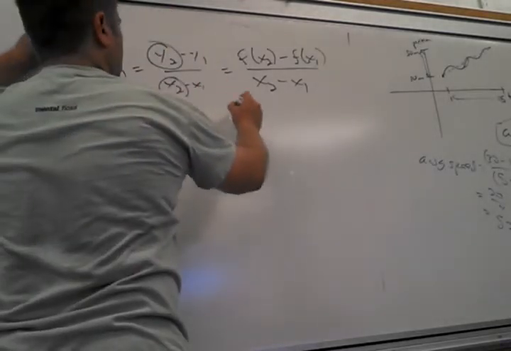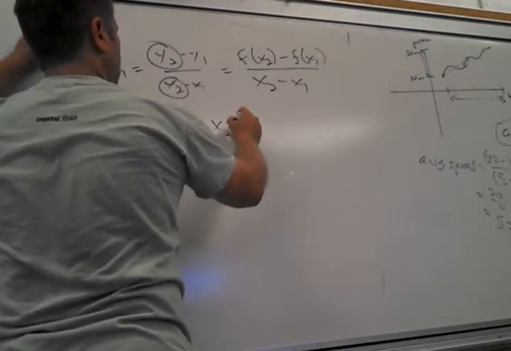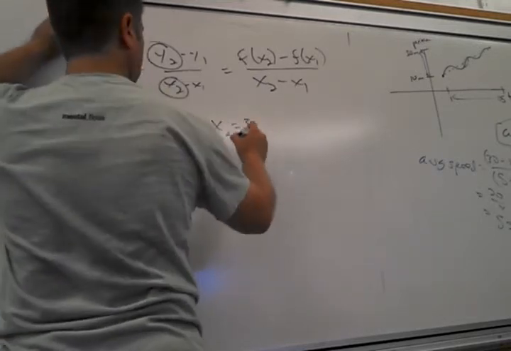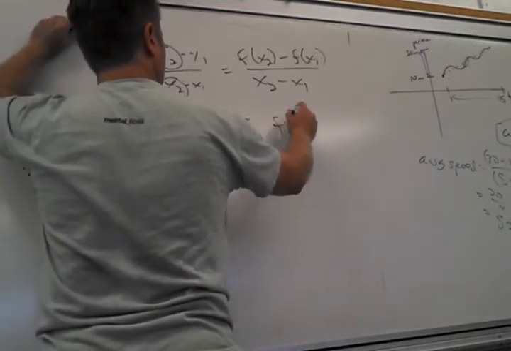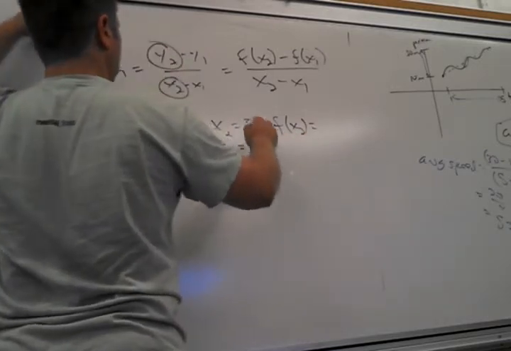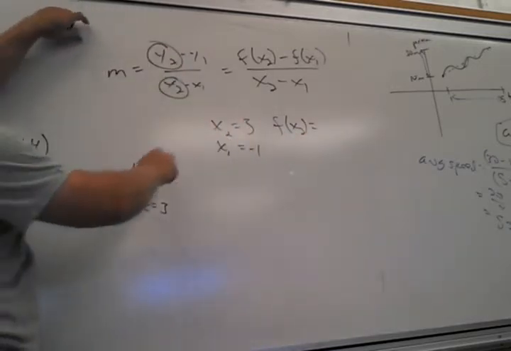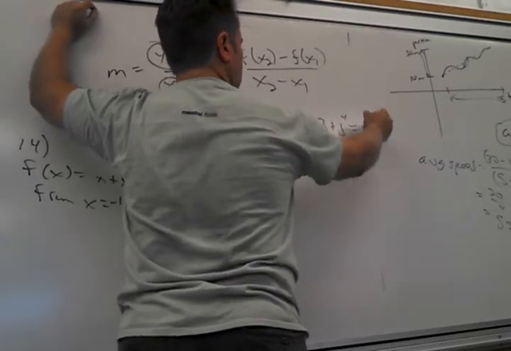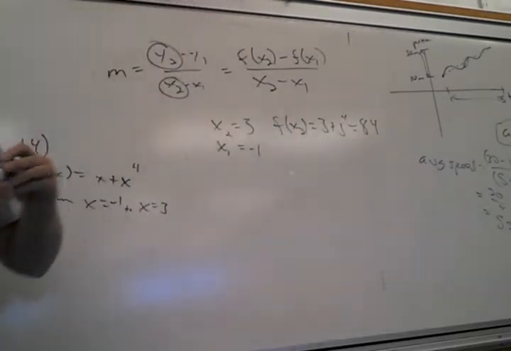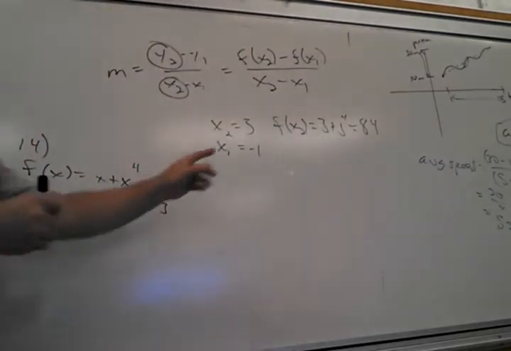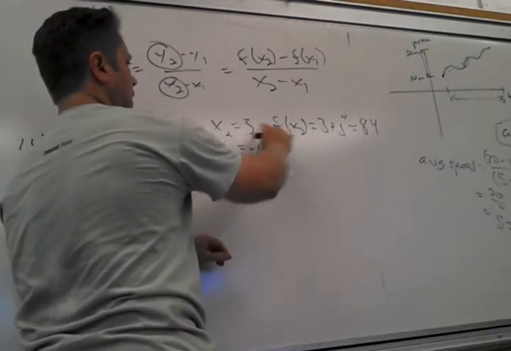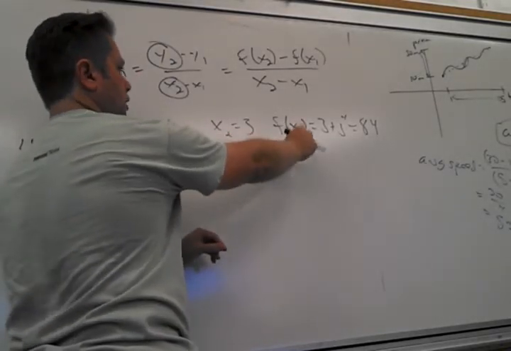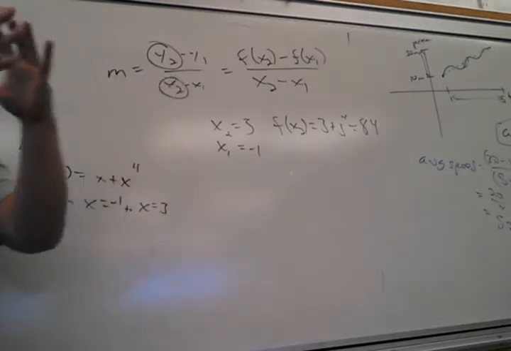Plug a 3 in, right? So if x2 is 3 and x1 is -1, f of x2 will be 3 plus 3 to the 4th. 3 to the 4th is 81, plus 3 is 84. So that's this guy's output, the y2 for x2. You with me?